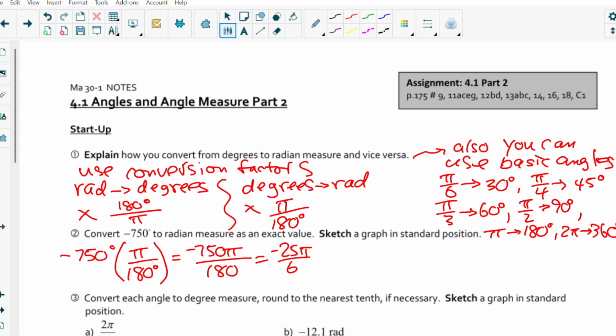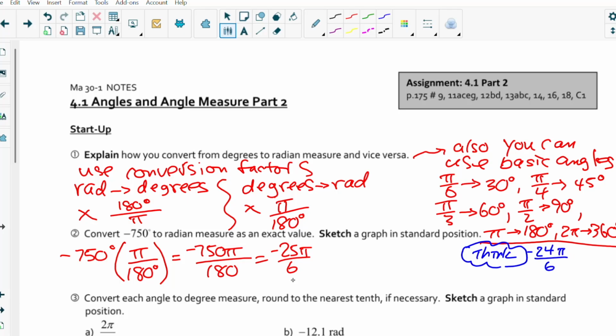Let's think about it this way. I'm going to pick the closest major angle. I usually pick in terms of units of pi, radians. So in this case, I think of negative 24 pi over 6.